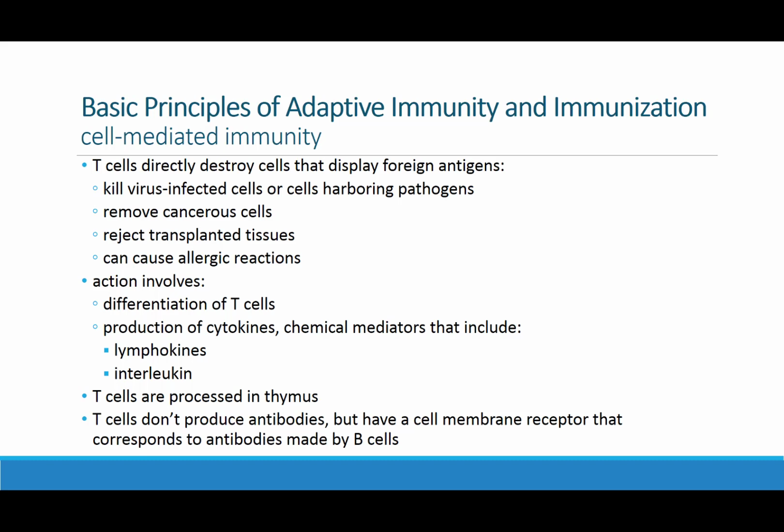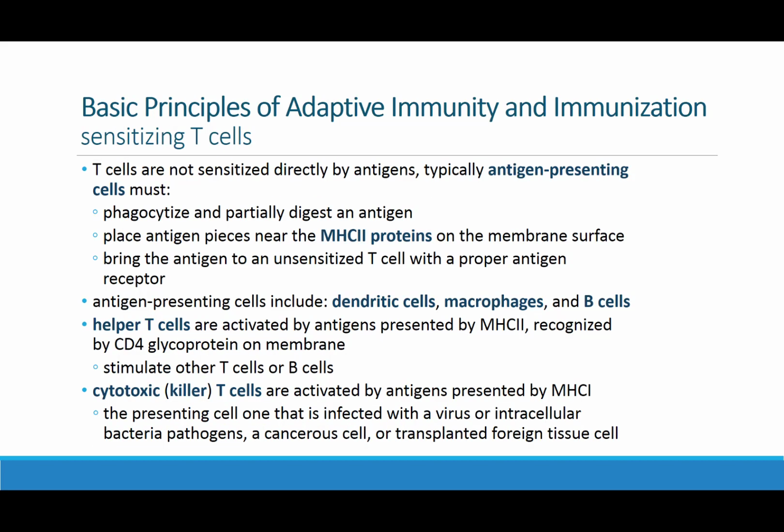And recall that T cells don't produce antibodies, but they have cell membrane receptors that correspond to the antibodies that are made by B cells. So they can interact with antibodies that are made by B cells. Okay, so with all of that as our big picture, let's dive into this idea.